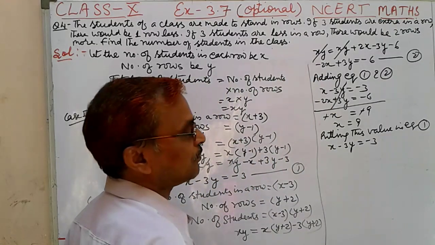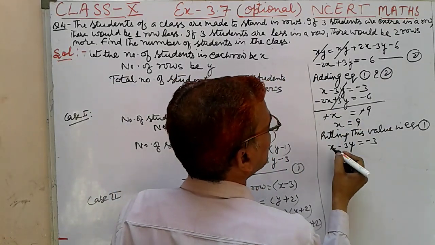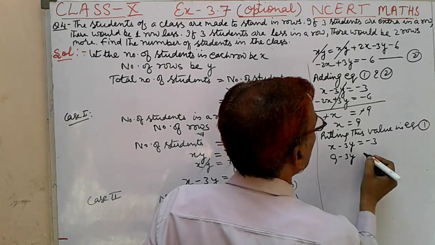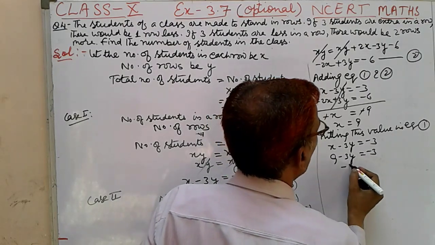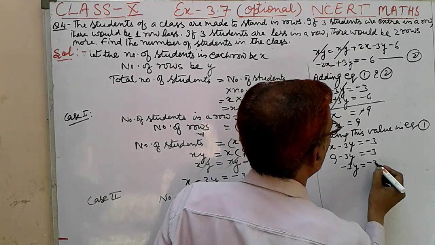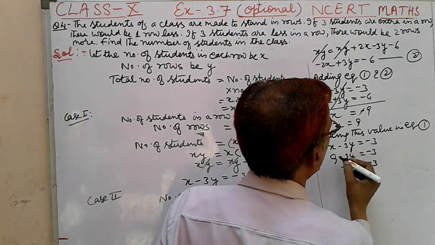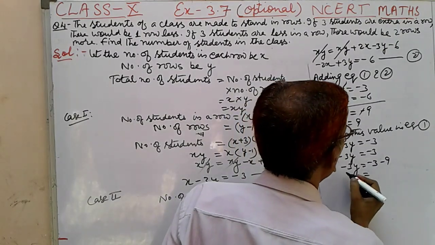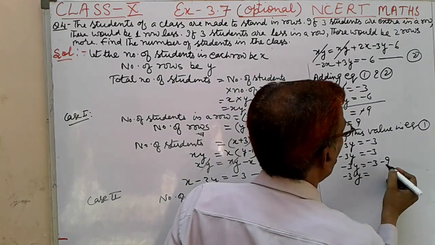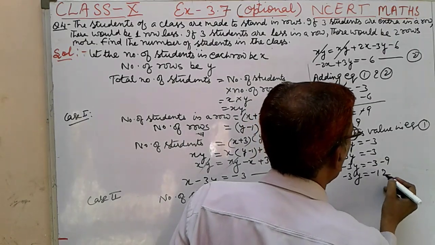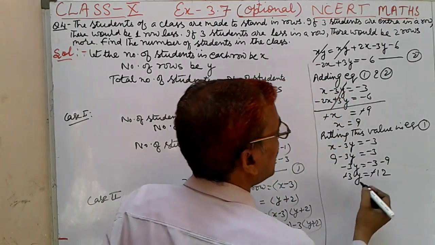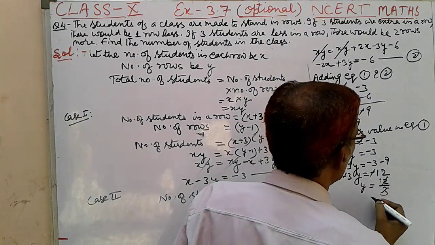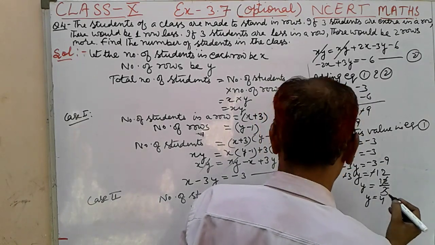Put the value of x in this equation: 9 minus 3y is equal to minus 3. Transfer 9 from LHS to RHS, it will be minus 9. And minus 3y is equal to minus 3 minus 9, which is minus 12. Minus and minus cancel. Y is equal to 12 upon 3. 3 4s are 12. Y is equal to 4.